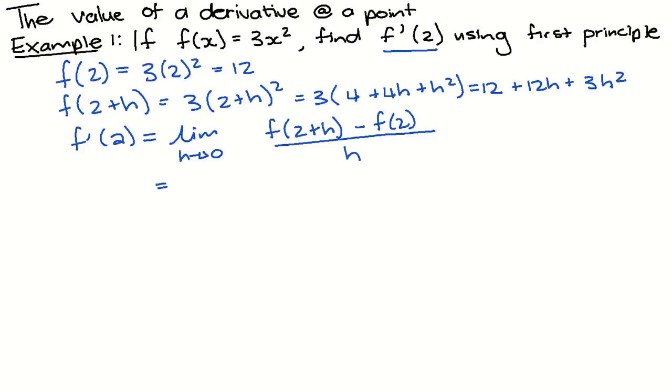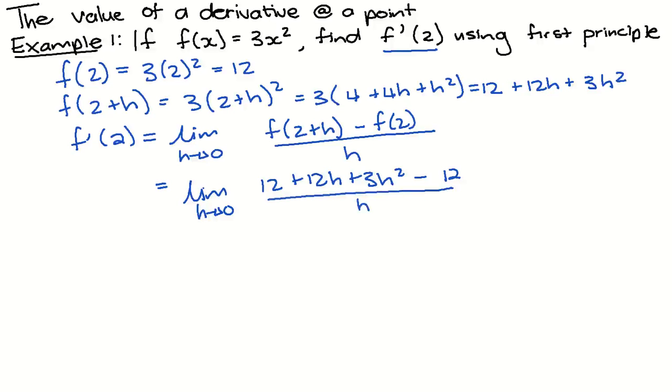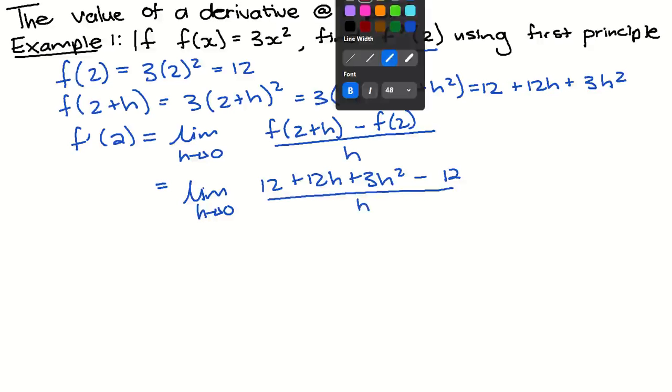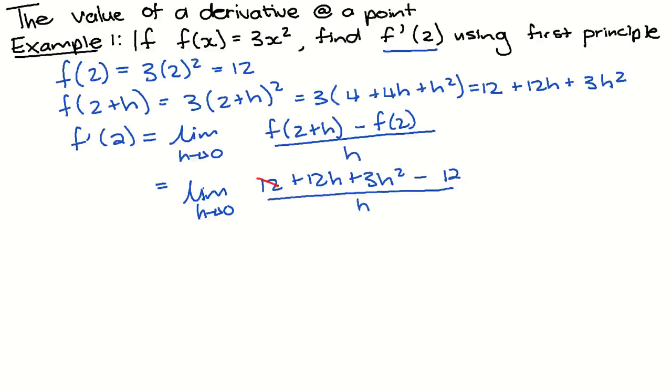So let's substitute the items in. First we write limit, h tends towards 0, and we're going to go 12 plus 12h plus 3h squared minus 12 all over h. Simplify the top just like we did the last time. 12 minus 12 cancels, and we can take out a highest common factor. I generally want to take a highest common factor of h out because I want to have my h's cancel.